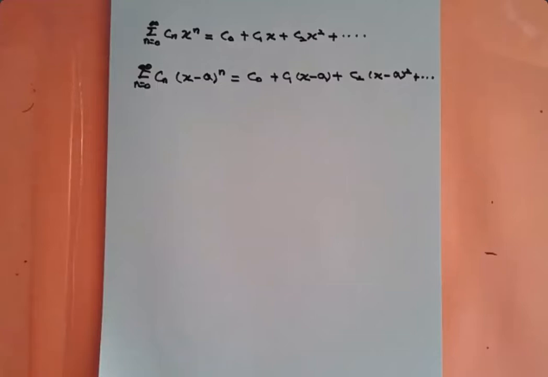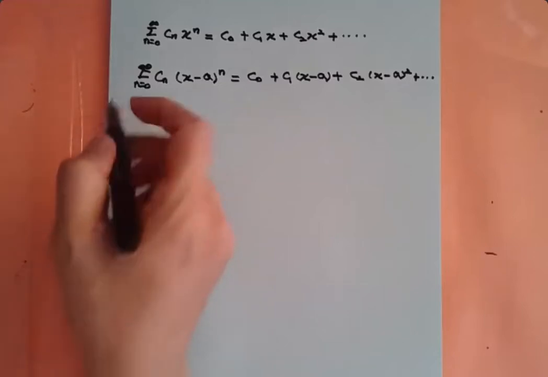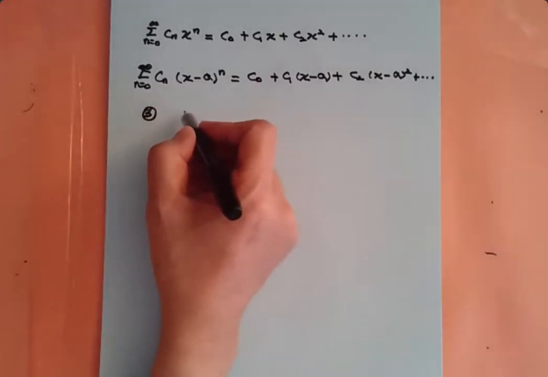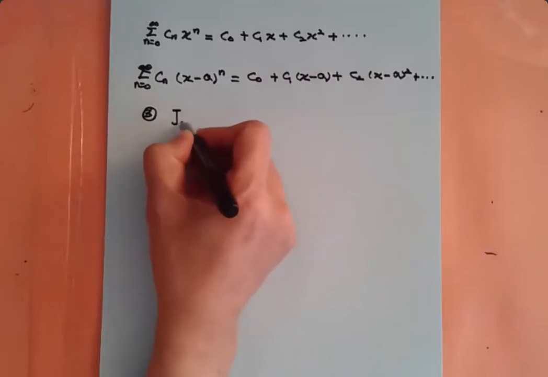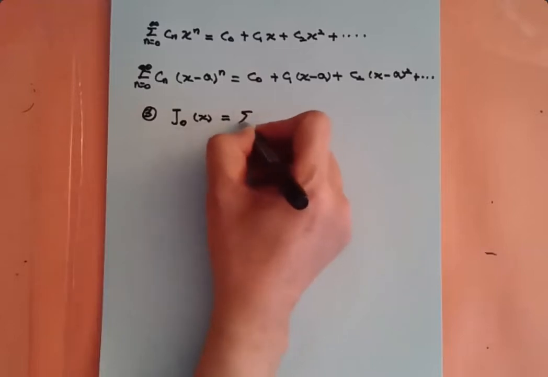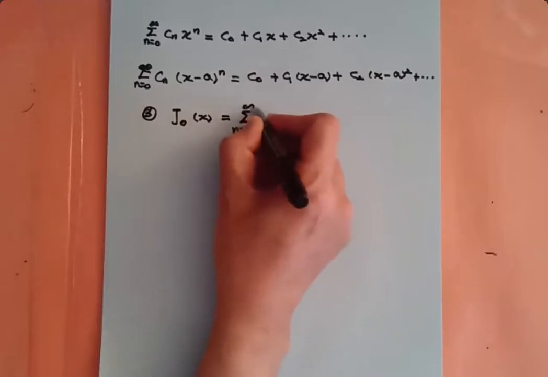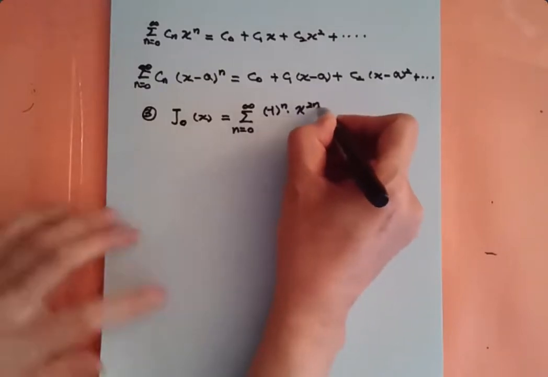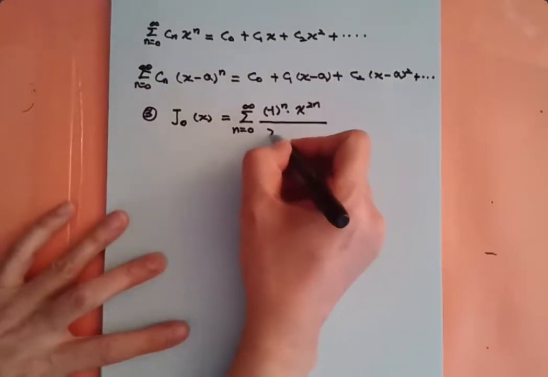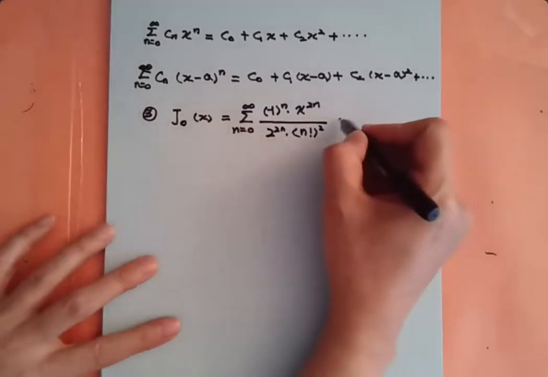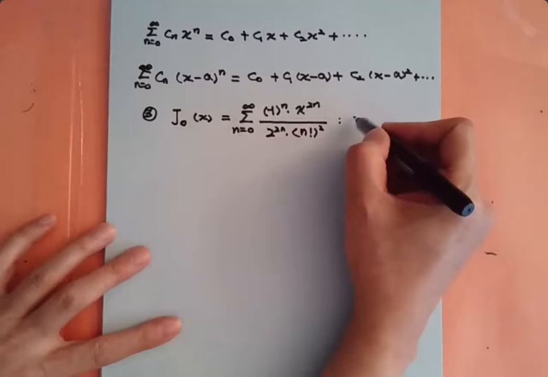So we were doing examples last time. Let's do one more example. Let's say the given power series is defined as the summation n equals 0 to infinity of (minus 1) to the n power times x to the 2n power over 2 to the 2n power times n factorial squared. This function is called Bessel's function.